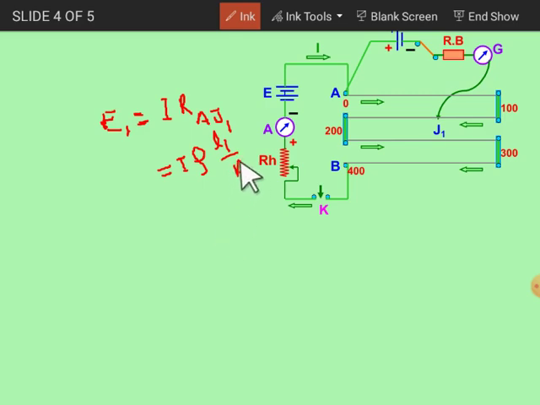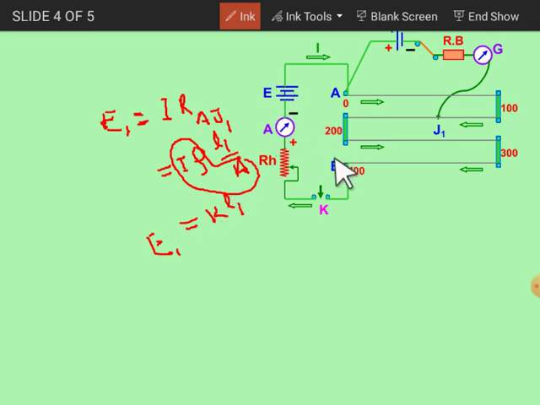Got it? If you take all of this as a constant, let's take it as capital K, constant times L1. So your E1 will be equal to K times L1.